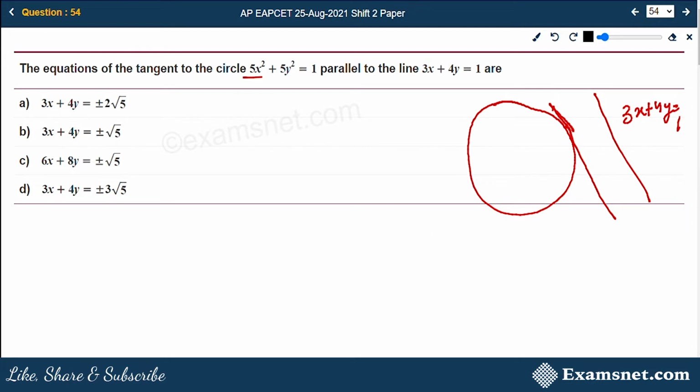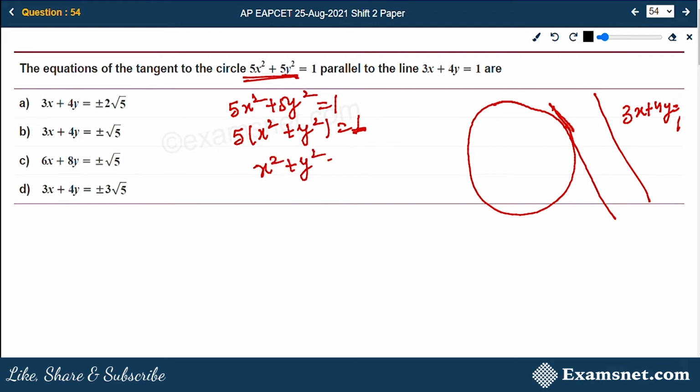Equation of the tangent to this circle, this 5x square plus 5y square is equal to 1. This is the equation of the circle. So this becomes x square plus y square is equal to 1 by 5. Okay, this can be written as x square plus y square is equal to (1 by root 5) square, right?